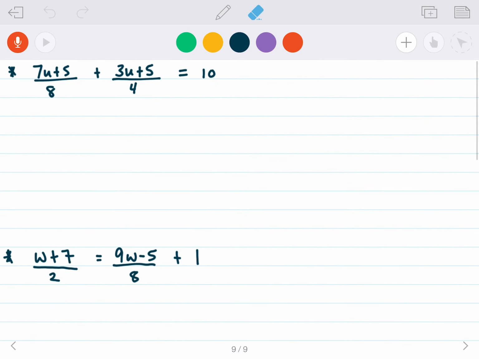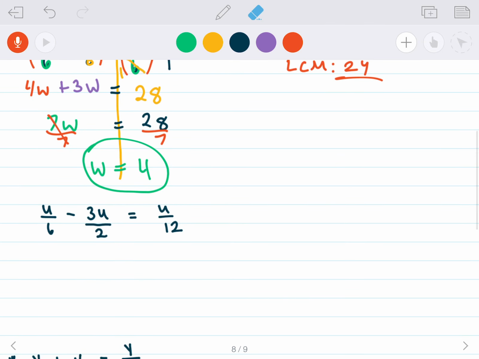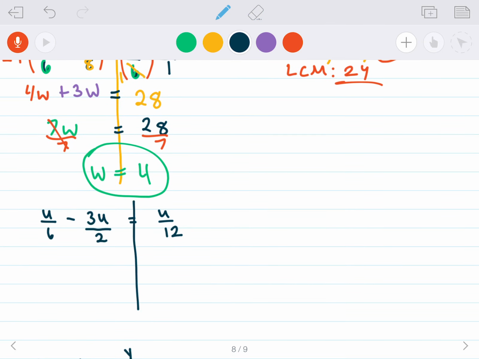All right, let's do one with u. So let's see. Again, I'm going to draw this line through there. I'm trying to find the least common multiple between 6, 2, and 12. For my 6s, 6 times 1 is 6, 6 times 2 is 12, 18, etc. For 2, I have 2, 4, 6, 8, 10, 12. For 12, I have 12, and I stop.